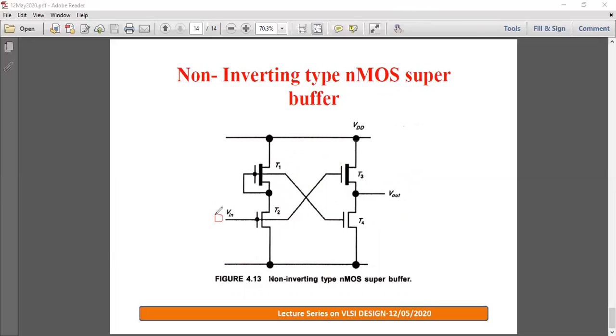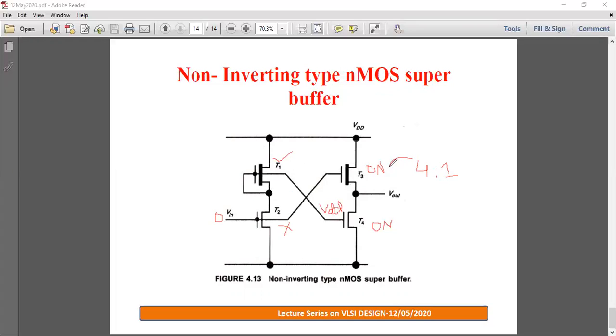Similarly, if input is 0, T2 is off state, T1 is on state. So first stage output is VDD, which is fed to T4, that is logic 1. So T4 is on. This T3 depletion device is on, but since it is an NMOS inverter, ratio is 4:1.